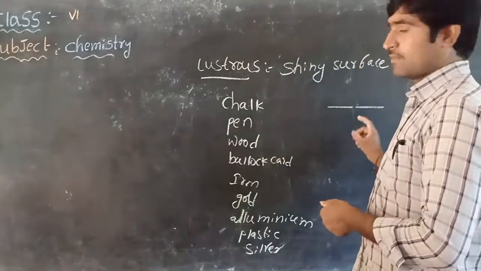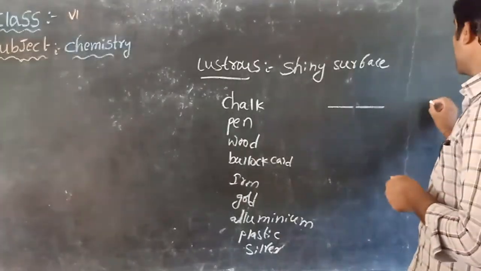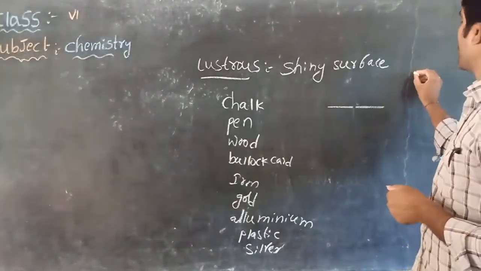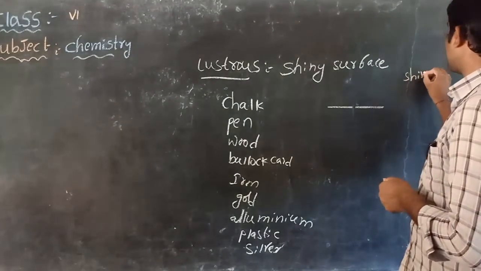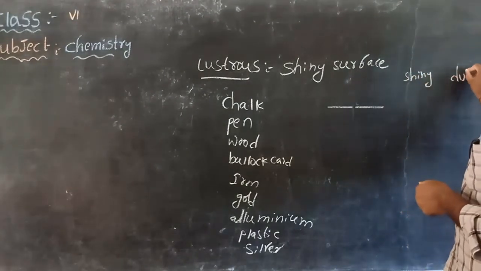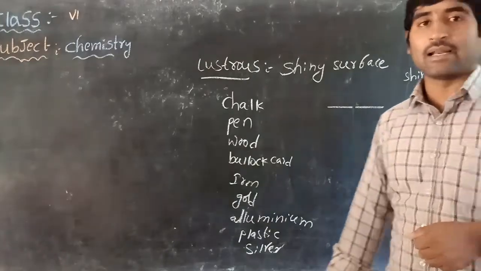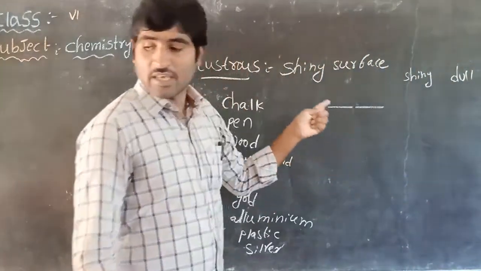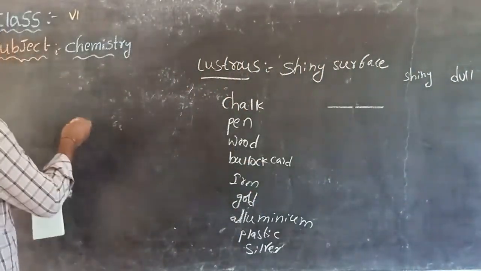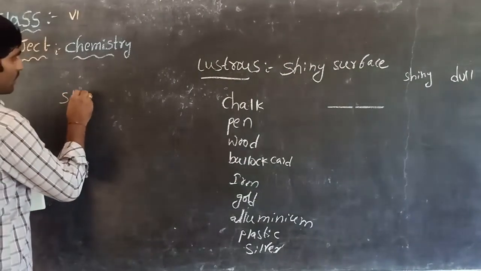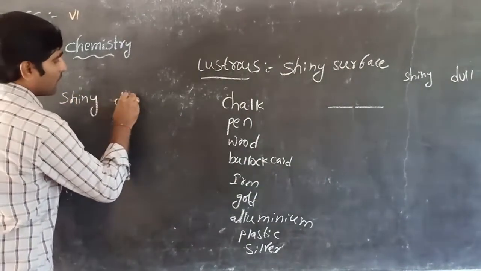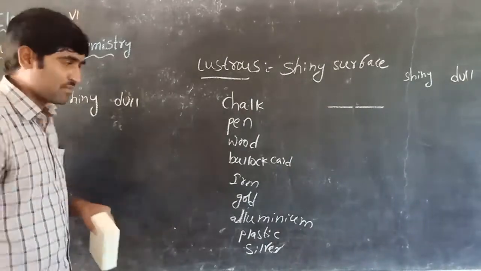If it is bright, make a list: oh, it is a shiny surface. Here write two columns. One is shiny, another one is dull. So one column is the shiny column, and another is dull.